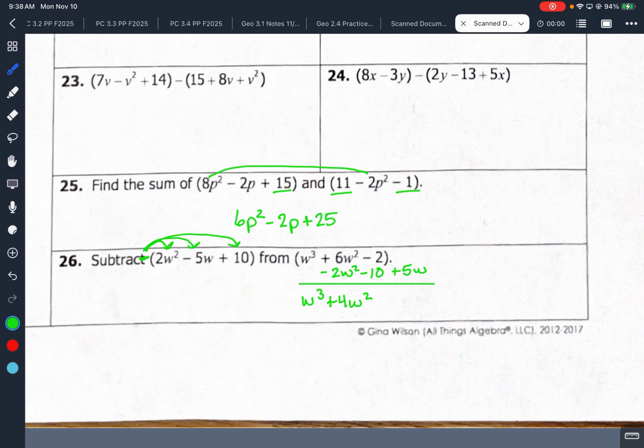The 5w comes next. Why does the 5w come next? Because it's the next biggest one, right? And then we're going to have negative 12. Now, if you're a person that needs to add them and then rearrange them, is that okay to do? Yes.